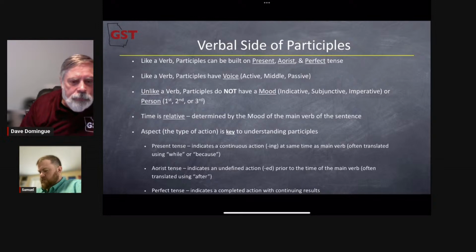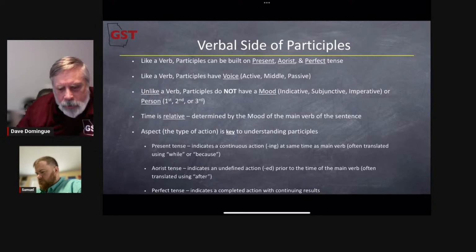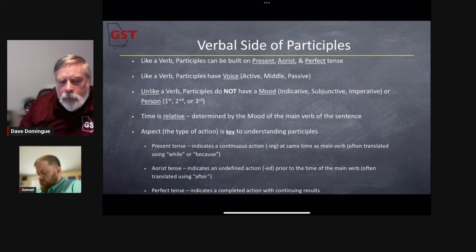That would mean if it's continuous, it gets its time from the main verb. Samuel, think about this. If the present tense participle is imperfective in its aspect, its kind of action, which means it's continuing, ongoing, right?